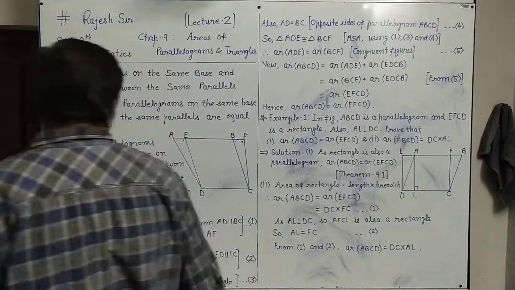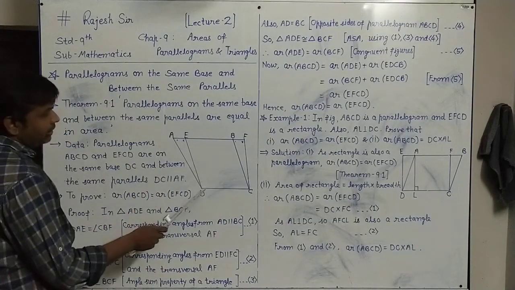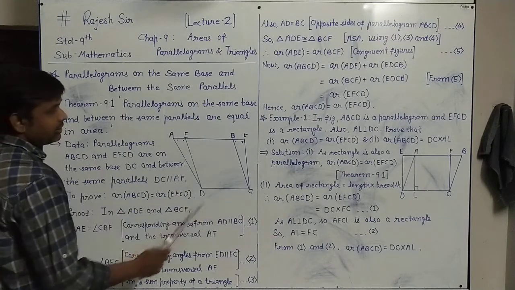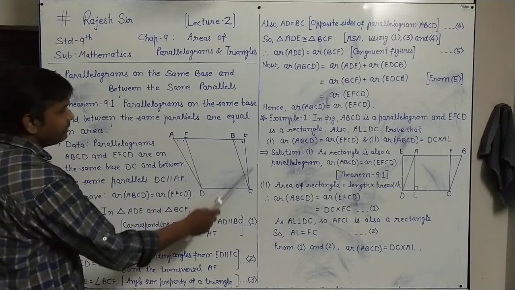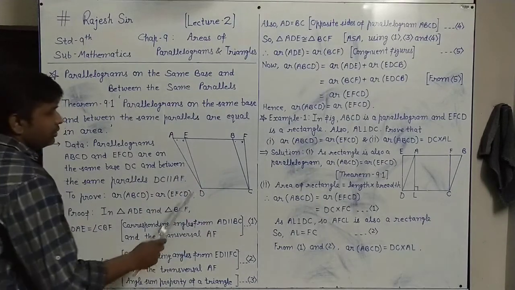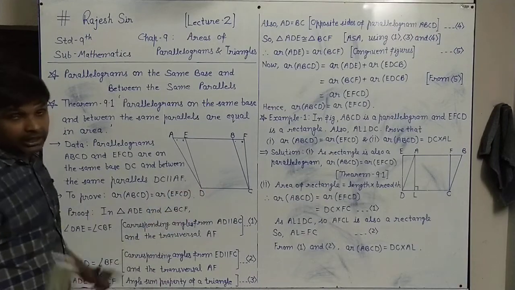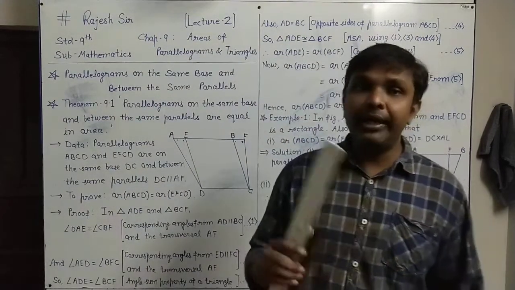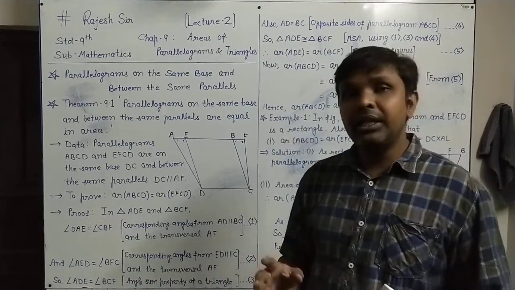Now the third angle in these triangles. We have shown angle DAE equals angle CBF in these two triangles, and next angle AED and angle BFC we have shown equal. So what about the third angle? If two angles of two triangles are equal, then the third angle will automatically be equal because of the angle sum property of a triangle, the sum of all three angles is 180.